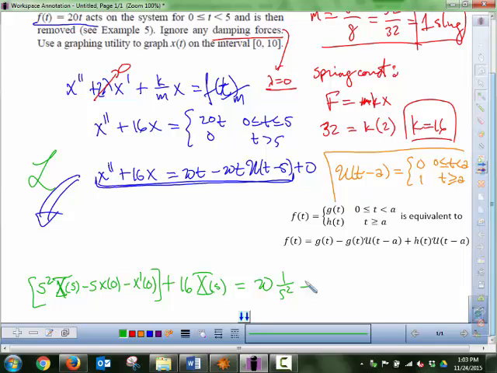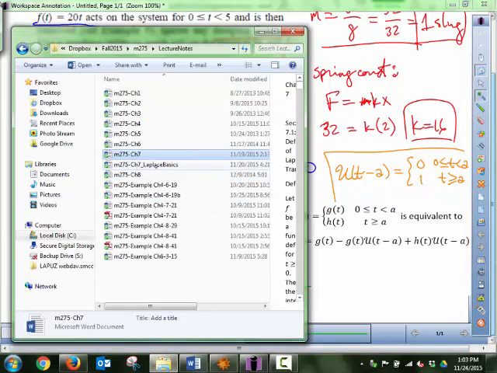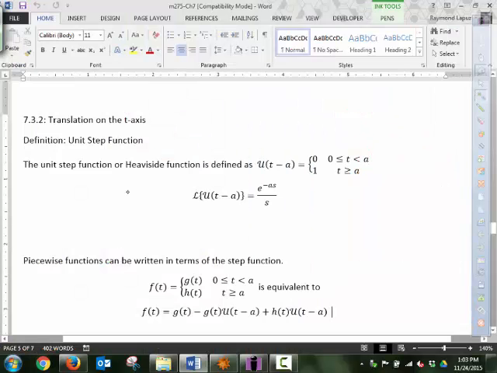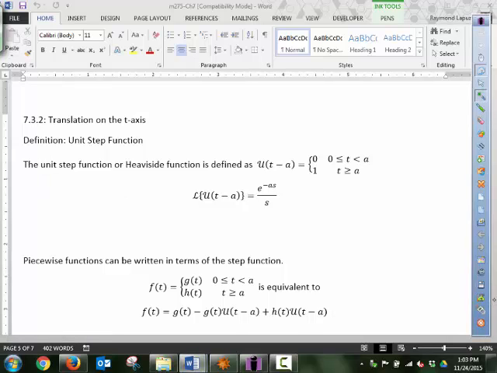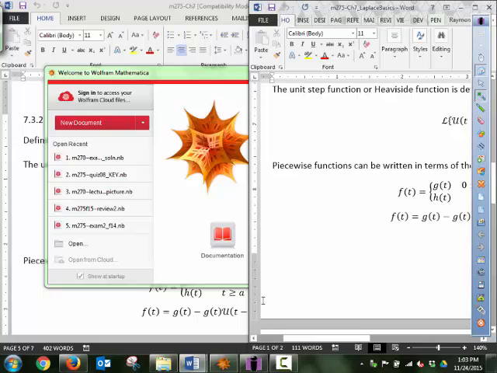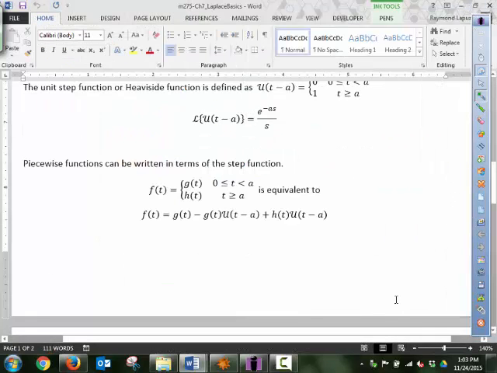You remember? But we need the function in the t world to be of a certain form, right? So here I made a Laplace basics document.